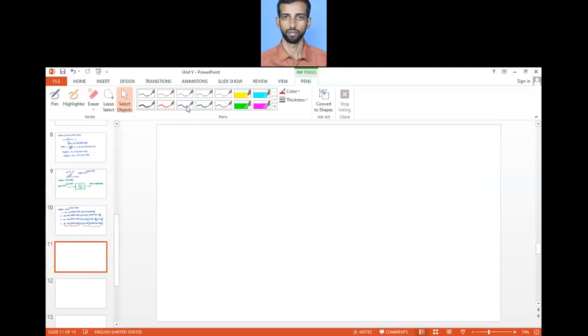So mathematically, how can I represent this output? This y of t is nothing but the convolution between x(t) and h of t.